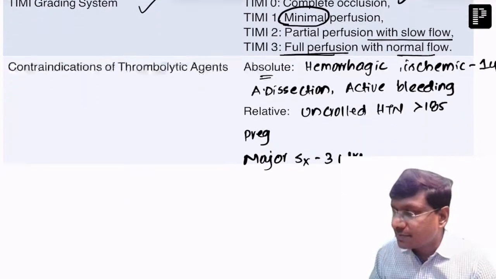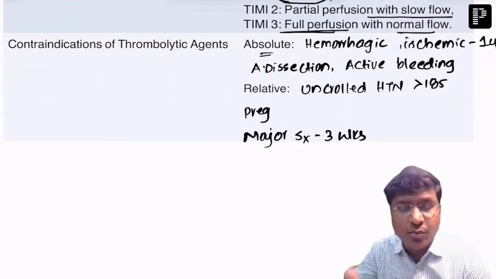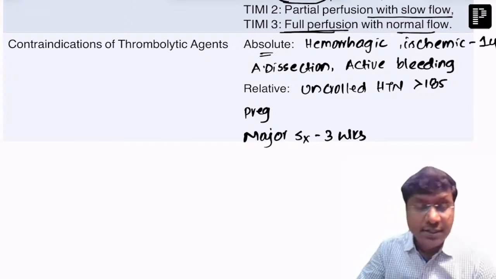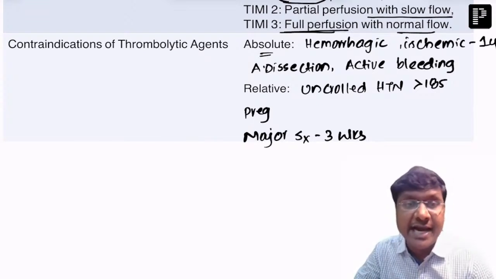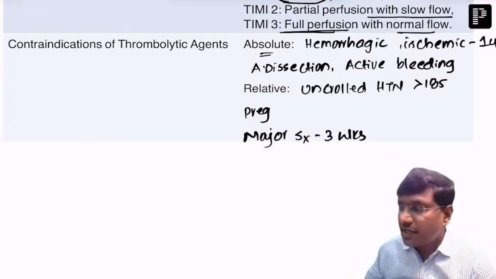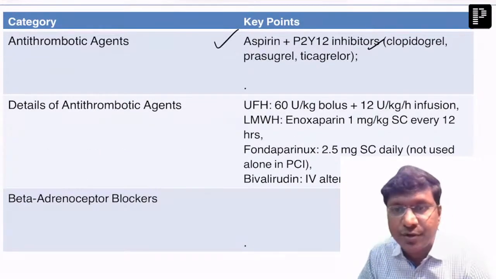Once you have done the PCI or once you have given the fibrinolytic agents, these patients have to be continued with antithrombotic agents. What are these antithrombotic agents? That is aspirin plus a P2Y12 inhibitor, that is clopidogrel, prasugrel, or ticagrelor, right?